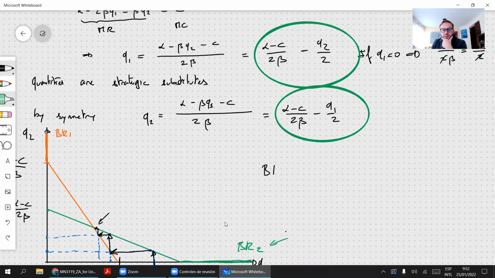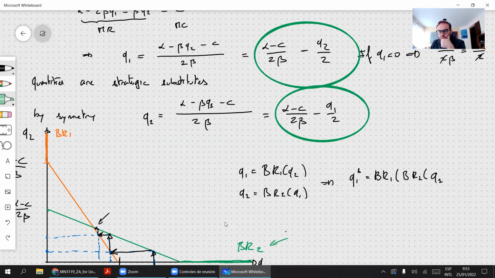If Q1 is going to be the best response to Q2, and Q2 is going to be the best response to Q1, putting things together, I can substitute and say that Q1 in equilibrium is just the best response of 1 to the best response of 2, which is a function of Q1 itself, which means that this is an equation with one unknown.